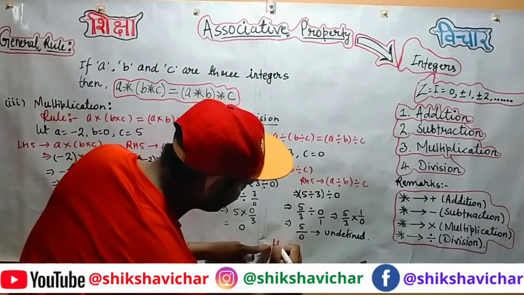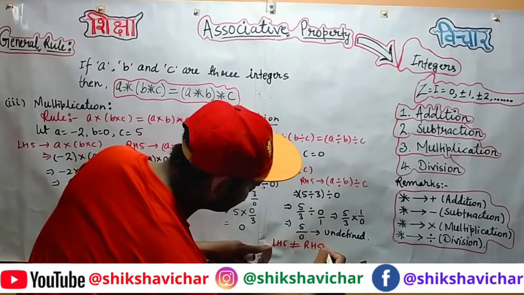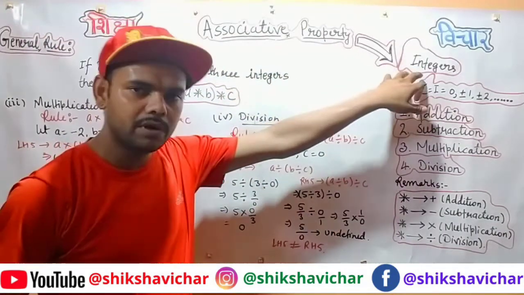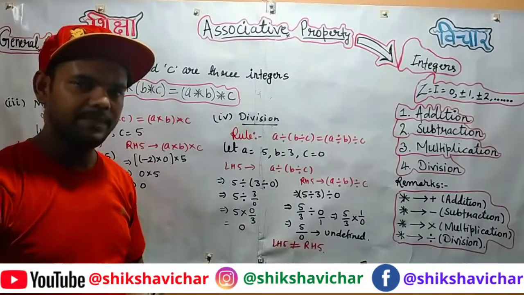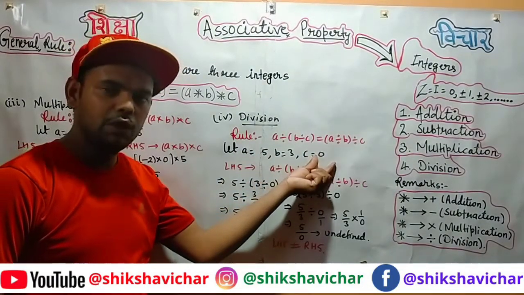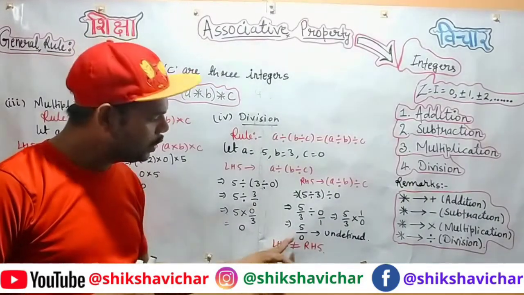That means the left hand side is not equal to the right hand side, and it means the associative property for integers with respect to division is not satisfied. You can choose other numbers in place of 5, 3 and 0, and you will get the same result, that the left hand side would not be equal to the right hand side.